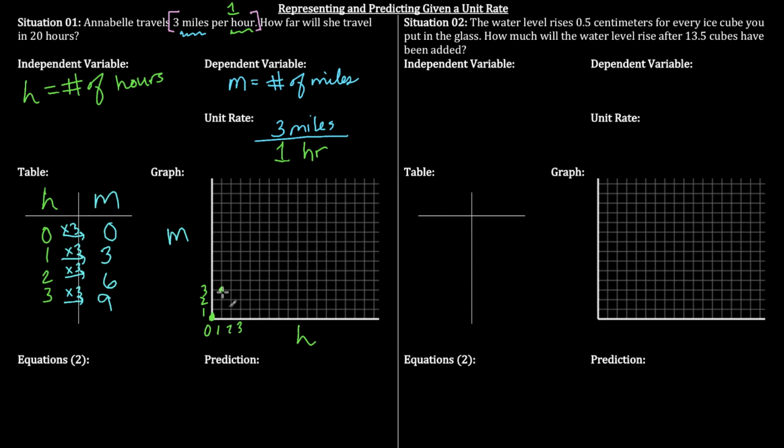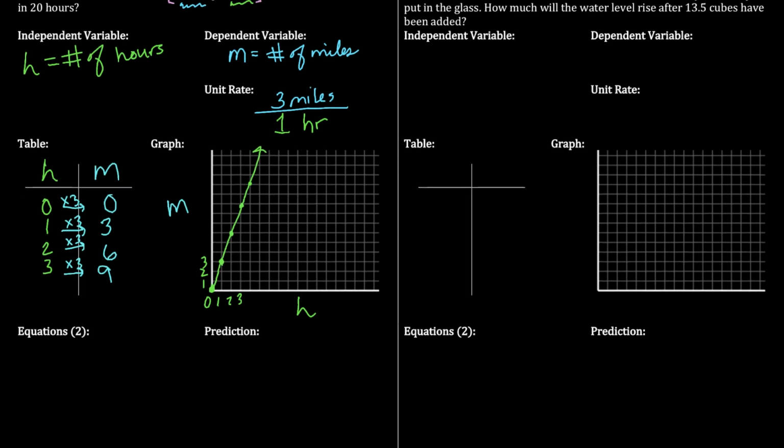If she traveled 2 hours, she will have gone 6, and then 9. Let's do my best to not mess this up too bad. Okay, that's started off okay. Let's start off fairly promising. Okay, cool. There was one right there.